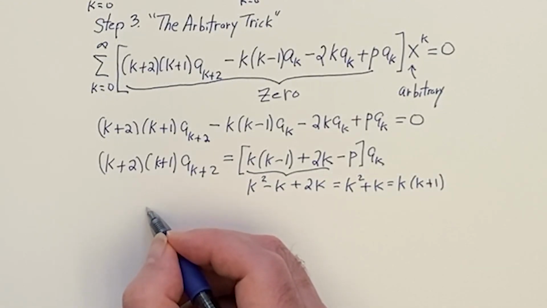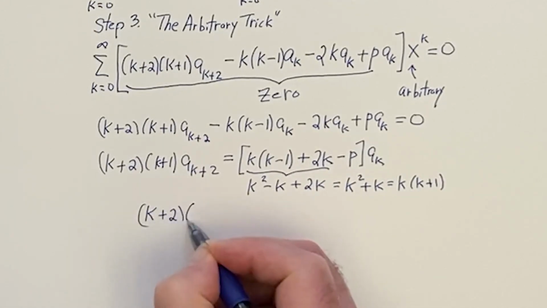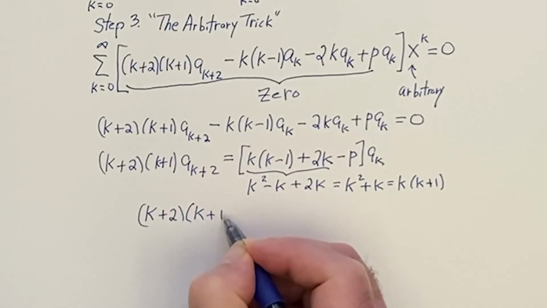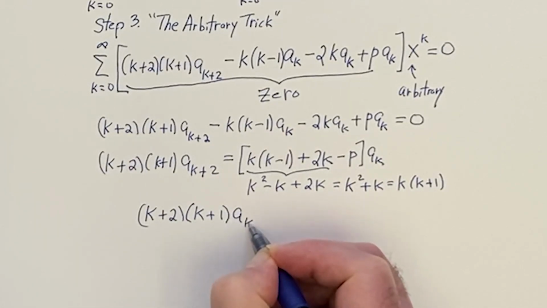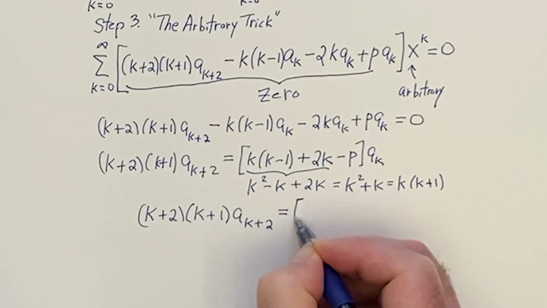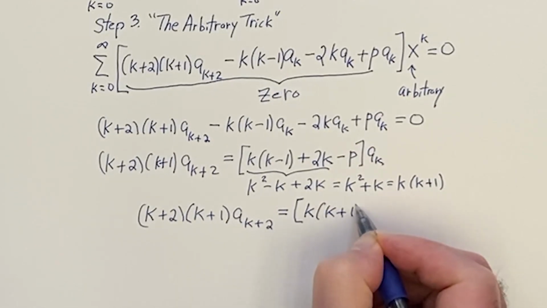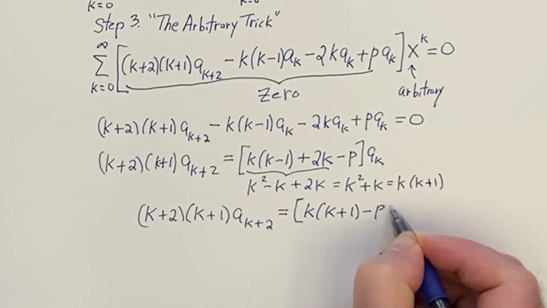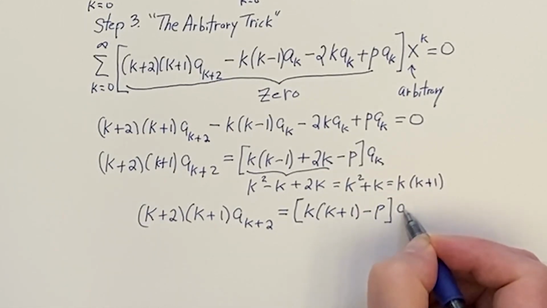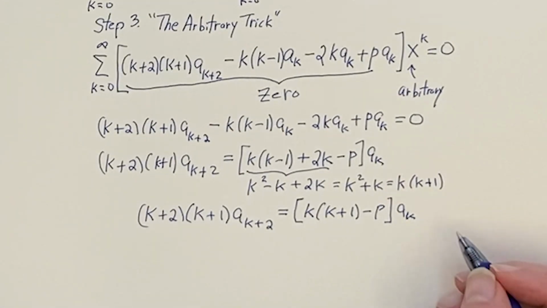So that brings us to k plus 2 times k plus 1, a sub k plus 2 on the left side equals k plus 1 minus p on the right side. And now we're ready for step 4.